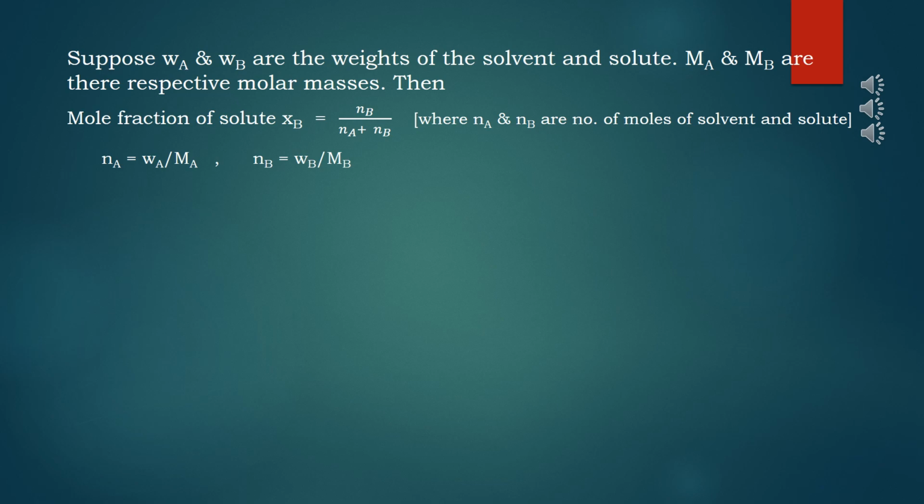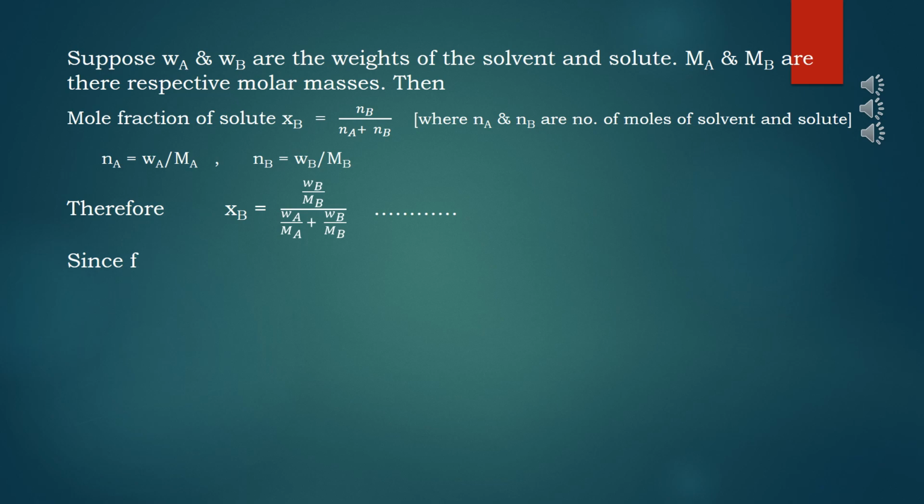By putting the values of NA and NB in the formula of mole fraction, we have XB is equal to (WB upon MB) divided by (WA upon MA plus WB upon MB). Let it be equation number 2.